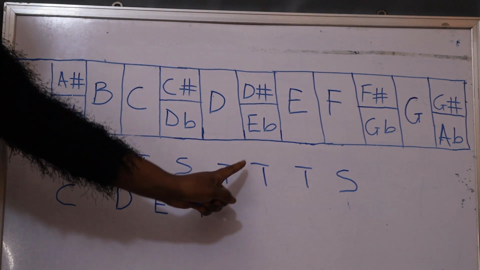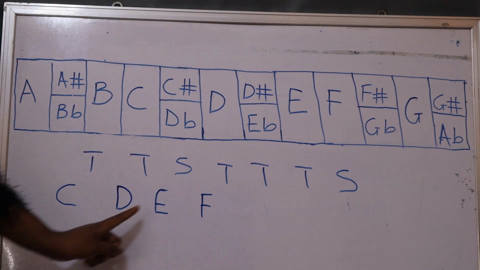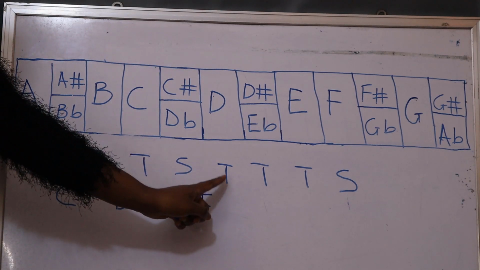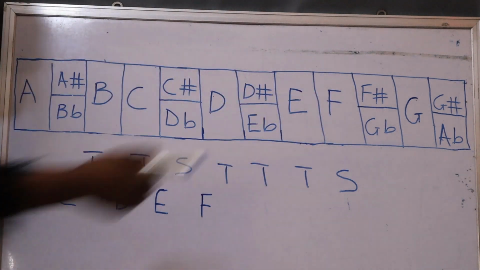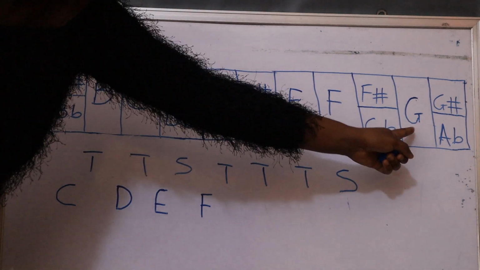So as you can see here, we now have tone, tone, semitone. We have another tone. From F, a tone would be G, right?